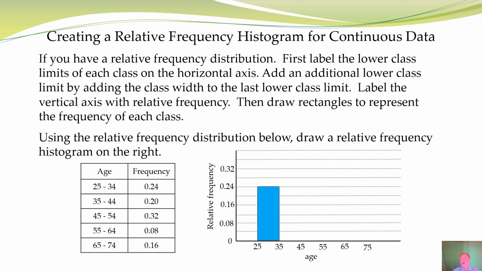So then I draw my bars to the proper places, make sure the bars touch each other. And this would be the relative frequency histogram for this relative frequency table. And you should be able to compare the graph with the table to know that it is correct when you take your quizzes.